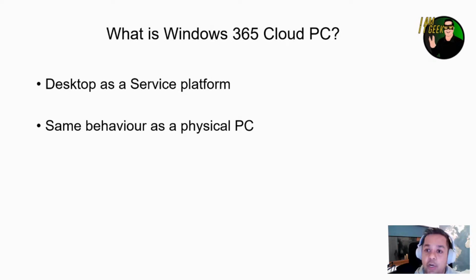There are two choices essentially with Windows 365 Cloud PC. You get two variations. One is the business version, which has certain features. One is that you have a 300 user limit.